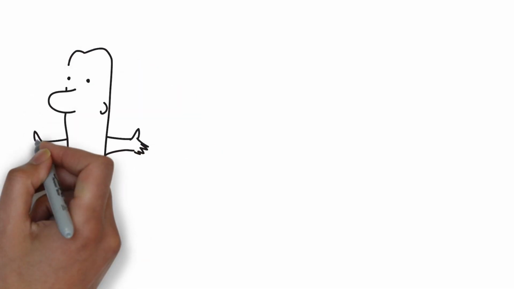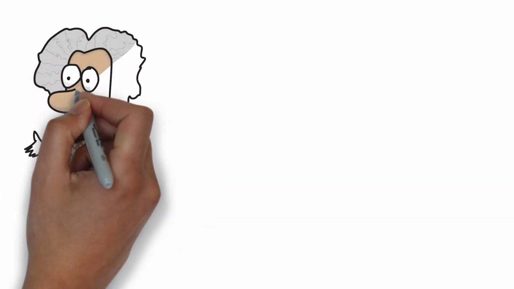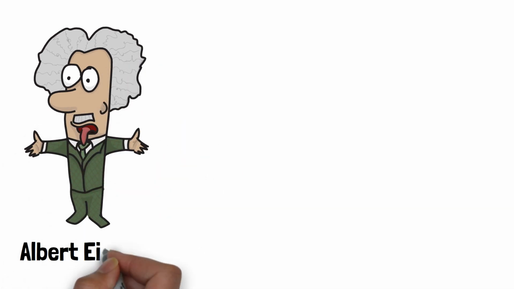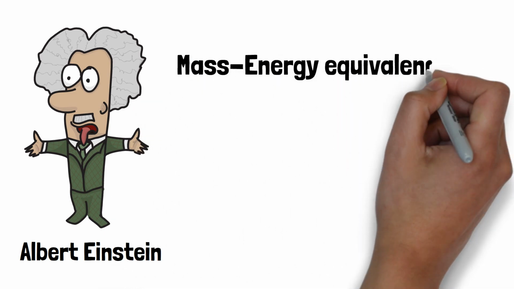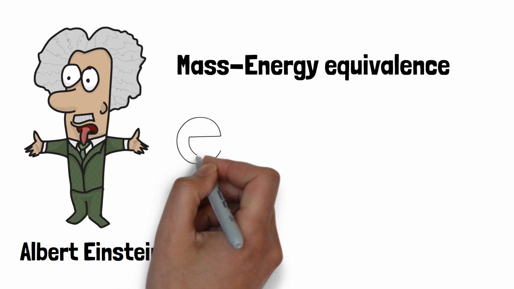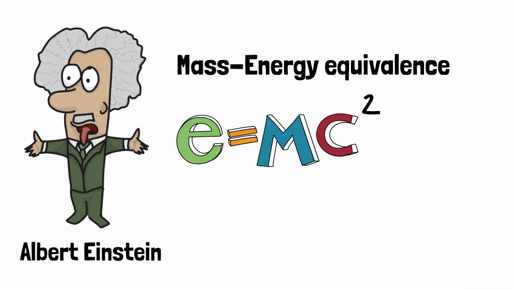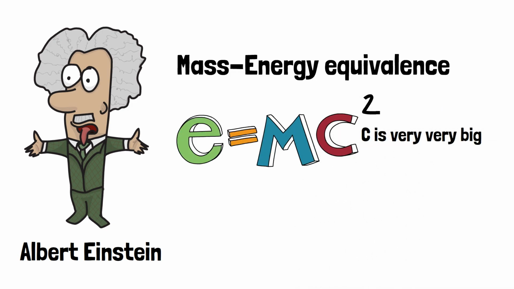Well, with the idea of frequency in mind, we can actually work out the relationship between the energy level allowed and frequency. Now, another equation that we're using here is called the mass-energy equivalence proposed by Albert Einstein. In this equation, Albert Einstein states that energy is equal to mass multiplied by the square of the speed of light.